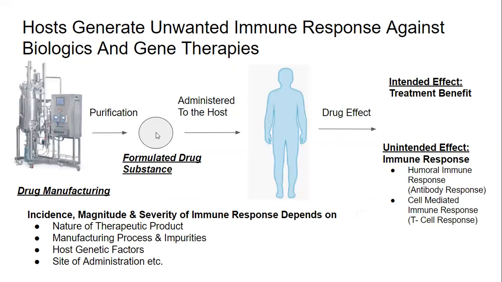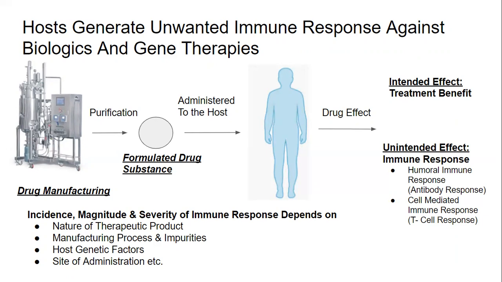These drug substances are administered to the host, that is human, and that would provide the drug effect. The drug effect can be divided into two groups. One is the intended effect, which is a treatment benefit. For example, if someone is suffering from cancer, the anti-cancer drug would reduce the cancer.